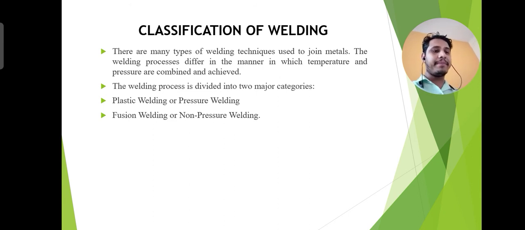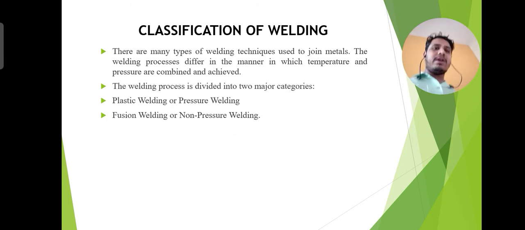Many common everyday items, for example automobiles, cars, aircraft, ships, electronic equipment, machinery, and household appliances, are examples of products that depend upon welding processes for their economical construction.